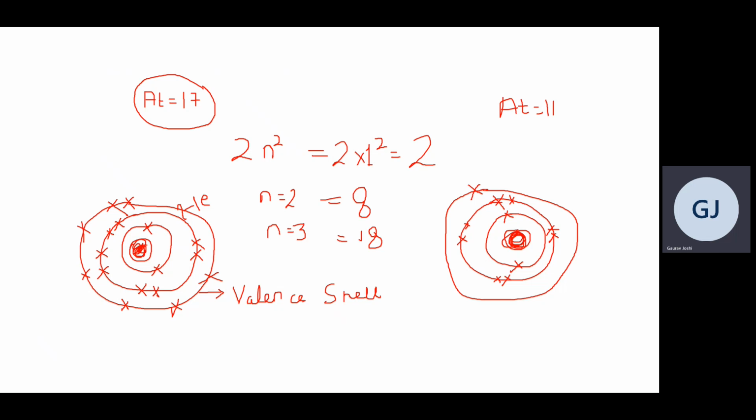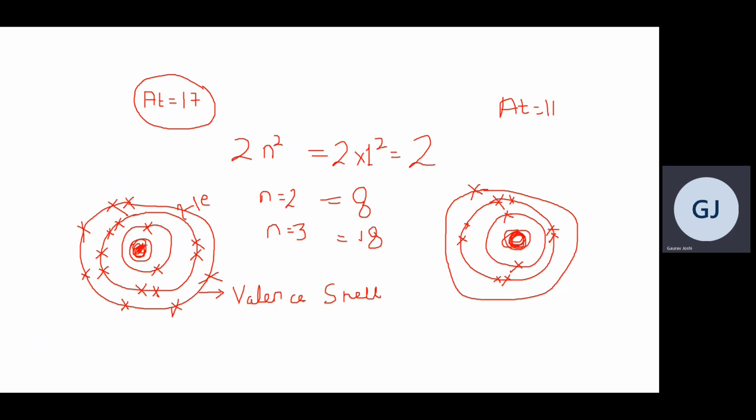So all those atoms that have the capacity to donate the electron from their outermost cell or the valence cell are called electropositive elements. And if they are donating the electron, there should be some atom which accepts that electron.